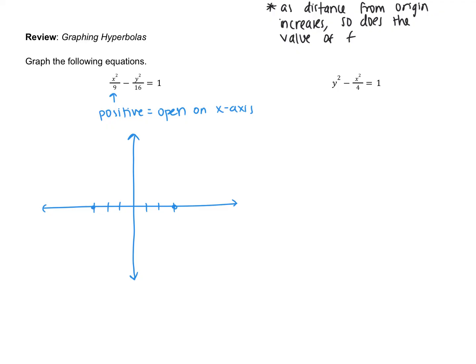The part that I skipped over earlier is how do we know the magnitude or the slope of the way that this hyperbola is going to open? Well, our slope is going to be plus or minus b over a. B is the number that goes with y, so this will be plus or minus 4. A is the one that goes with x. So that is going to be the slope that our hyperbola follows.